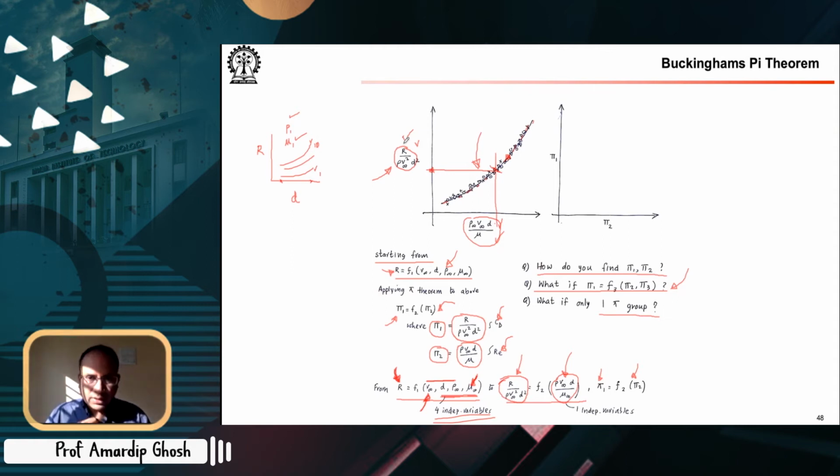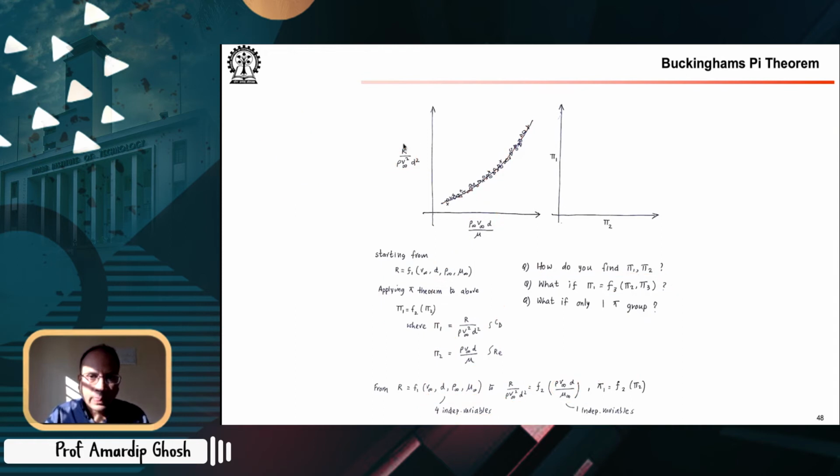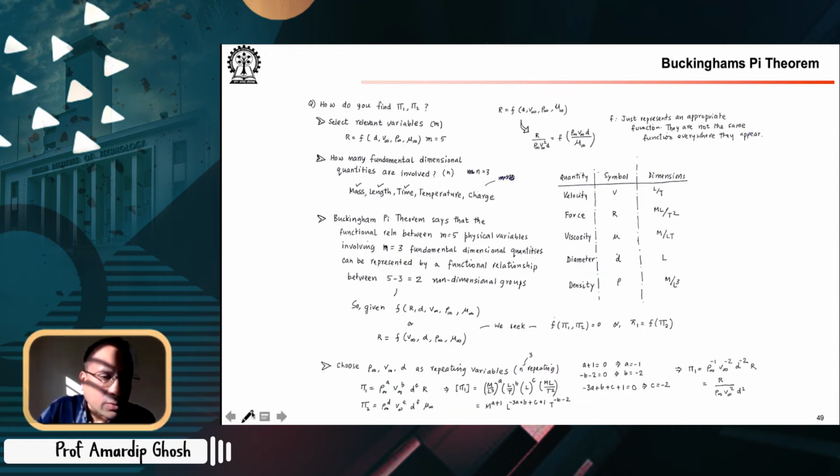Now we will get into the discussion of how you find this pi1, pi2, etc. Essentially, pi1, pi2, pi3, pi4 depend on the number of dimensional variables you have and the number of fundamental dimensions in the problem. There is a way to find the number of non-dimensional groups.